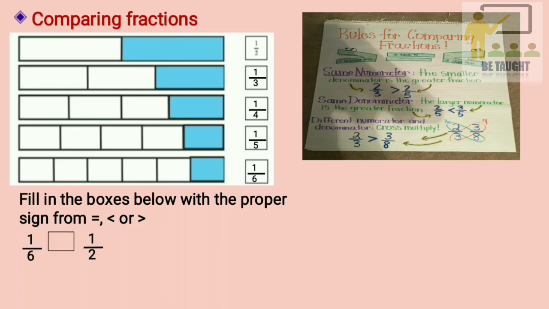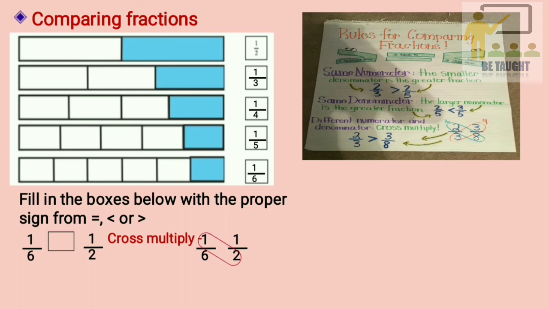The first one, 1 upon 6 and 1 upon 2. Now how can we find out which sign will come over here, whether greater than or less than? The simple way to find out is to cross multiply. 1 upon 6 and 1 upon 2, we will cross multiply it.